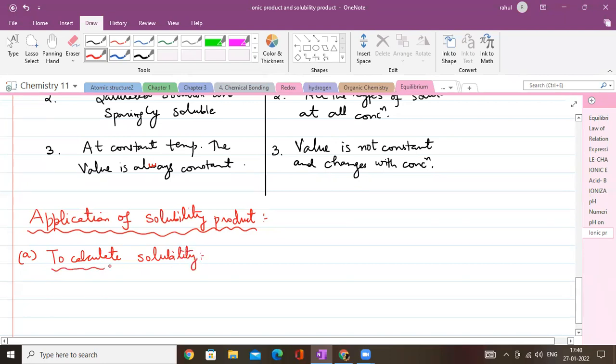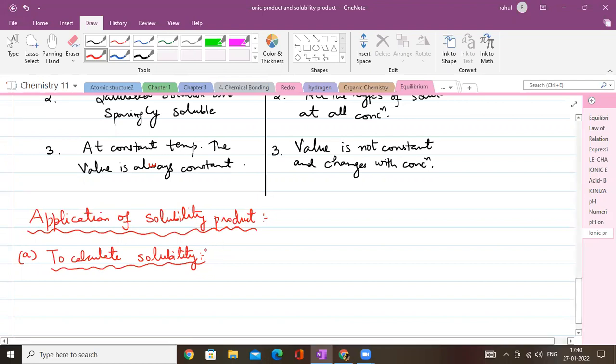Now, if you want to calculate the solubility, the substances have been divided into various types, and we take up the substances in different types. The salt can be of AB type, AB2 type, and so on. So we'll be discussing each kind one by one, on the basis of which the application of solubility product can be taken up.